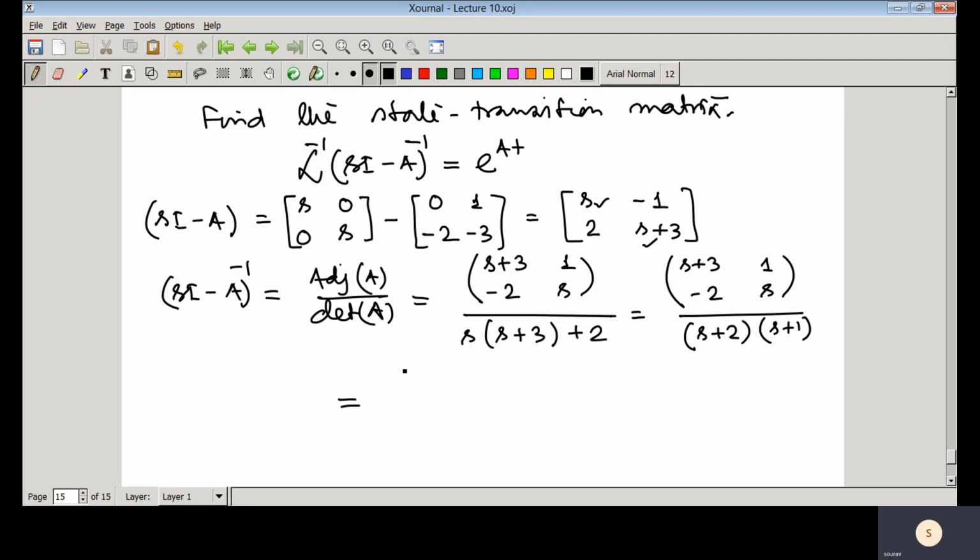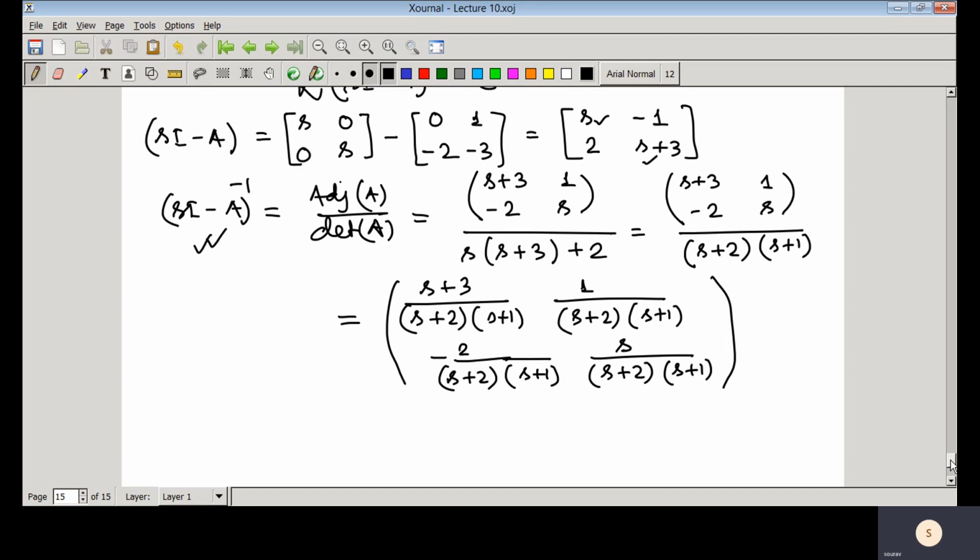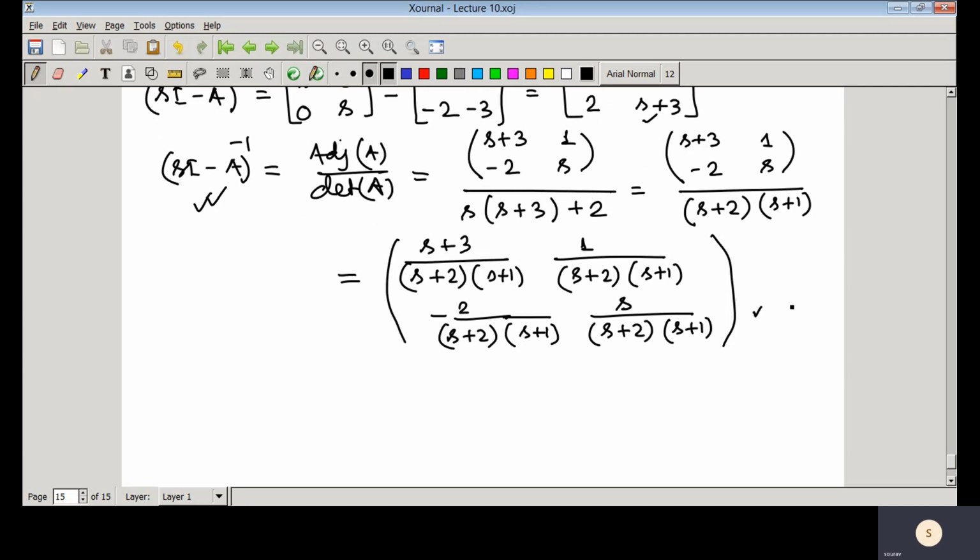Now I am just applying matrix algebra, so all elements will be divided by this term, and you have s divided by s plus 2. From this example it is clear that (sI minus A) inverse is a rational polynomial matrix.